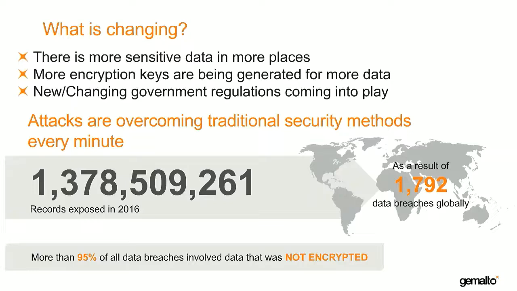Now, when we look at other areas around the world, 95% of those breaches weren't encrypted. So effectively, in the two standards, there are various different sections which relate to different wording around how you protect information.